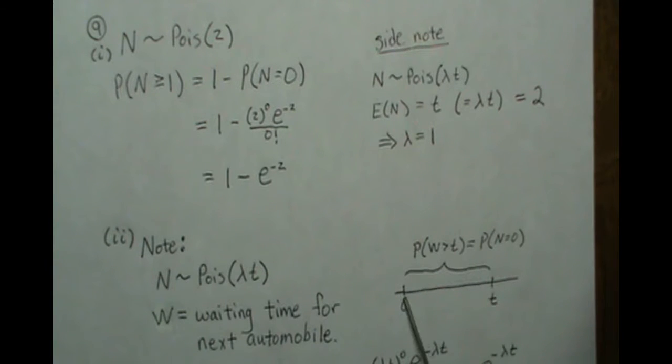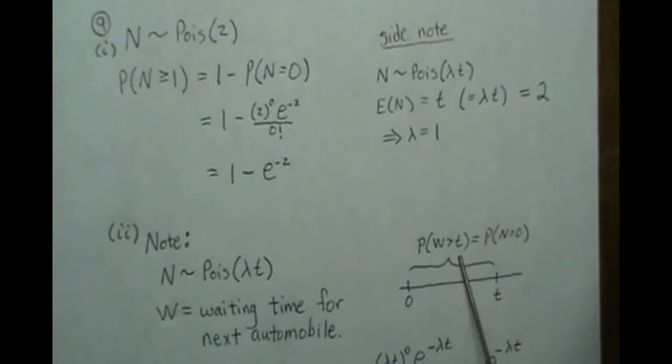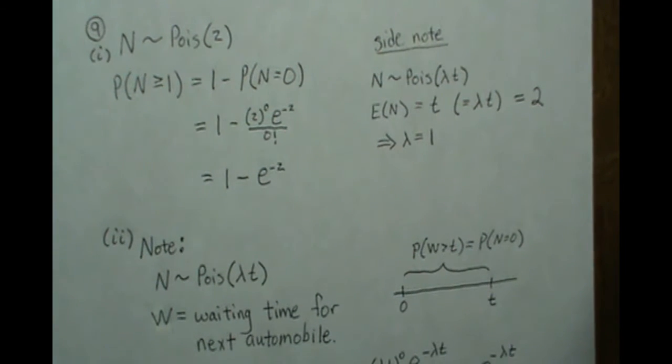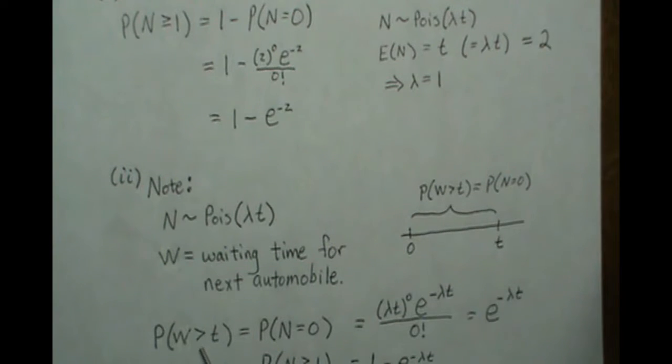If the wait time is more than t, we saw 0 events. So these two are equivalent states. The probability that the wait time is greater than t equals the probability of observing 0 events within that time interval. And since this is a Poisson, we plug 0 into the density, and that simplifies to this.